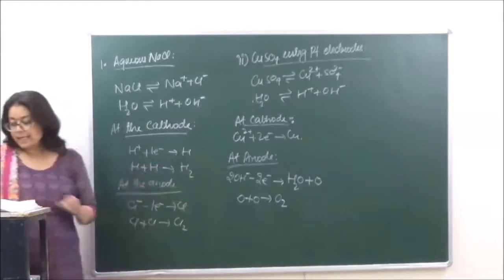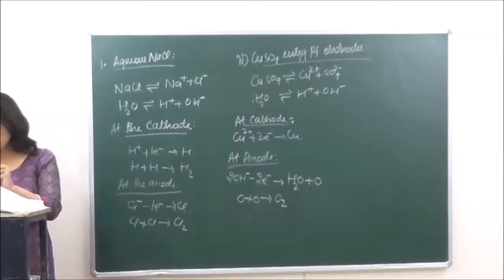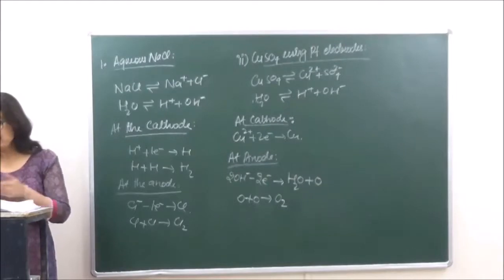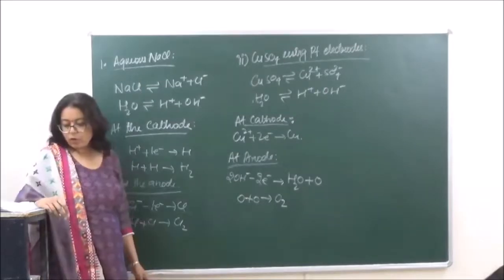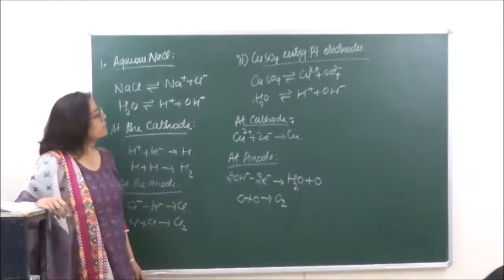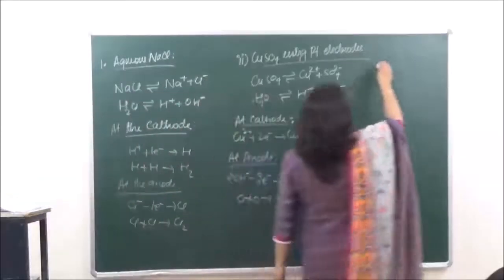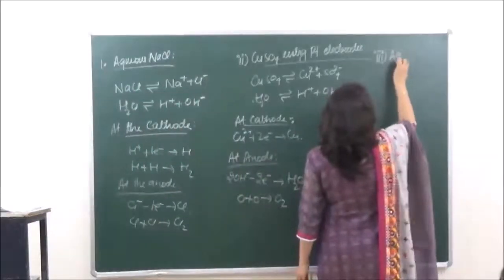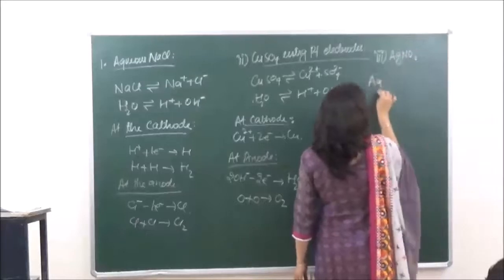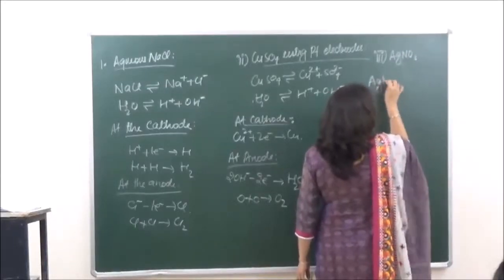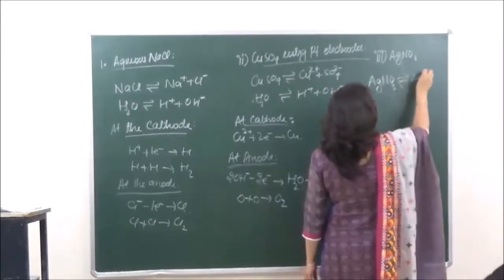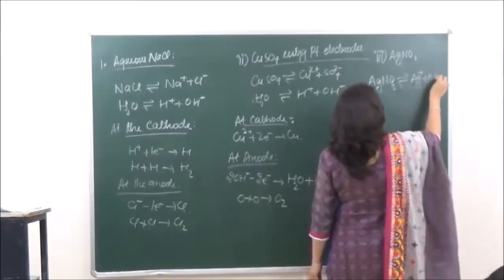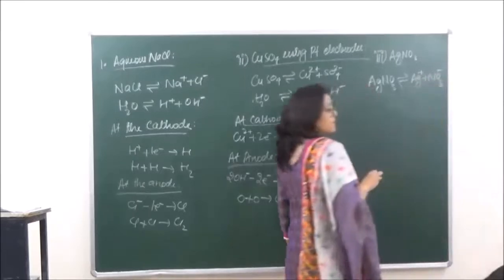Clear? Then let's take another example. The third example which we are going to take is that of aqueous solution of AgNO3. So in AgNO3 what is going to happen? AgNO3 dissociates into Ag+ plus NO3-.